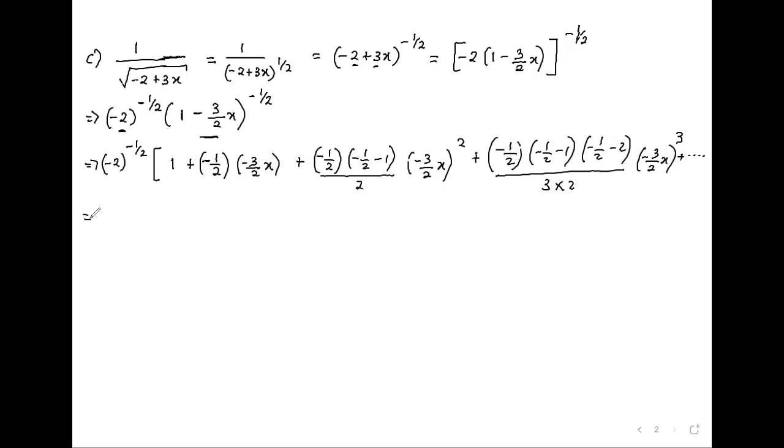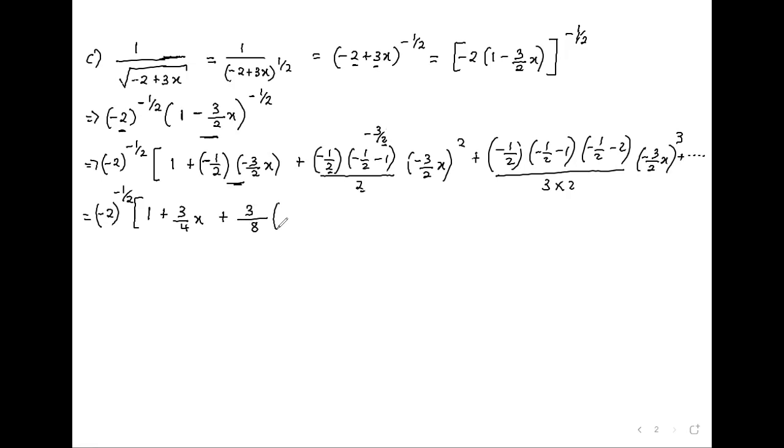which we simplify now as -2 to the power -half. And then we have 1 plus 3 over 4x. I've multiplied here. Remember, this is -3 over 2 now. So we'll have negative, giving us plus, and then 3 over 2 times 2 times 2, we get 8.